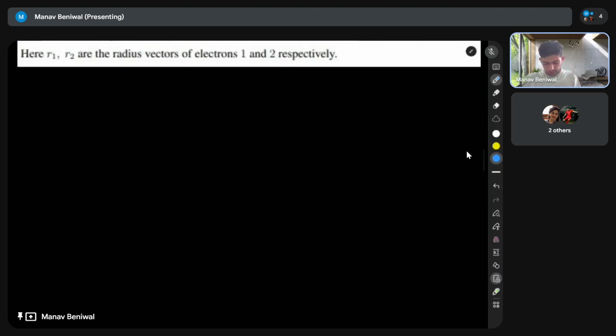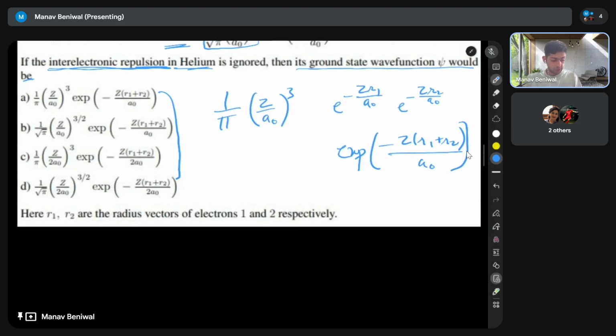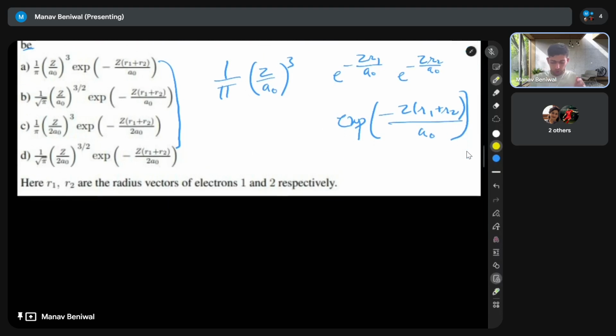One very important piece of information given to us is that these electrons do not interact with each other. So our total Hamiltonian H will be just the sum of the individual Hamiltonians of the two electrons. There will not be any additional interaction terms, because that is just 0. We do not have any interaction. It's just the energy of one particle plus the energy of the second particle.